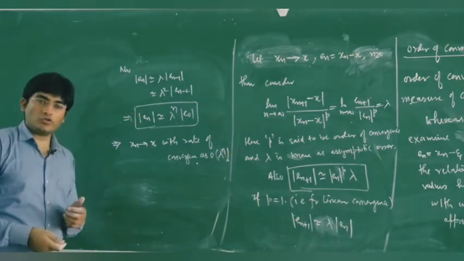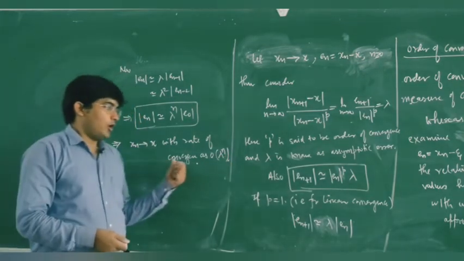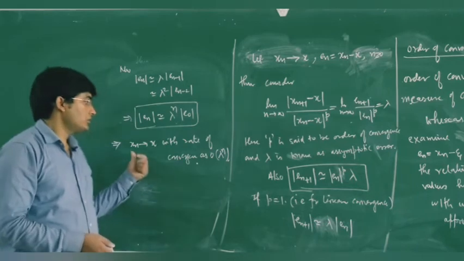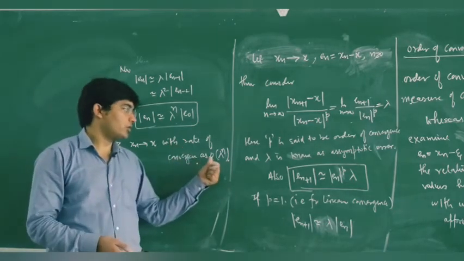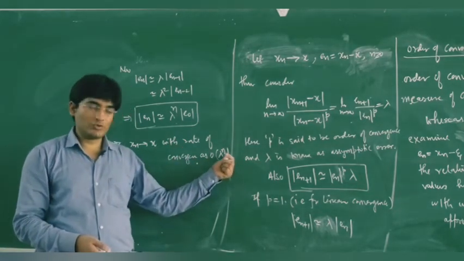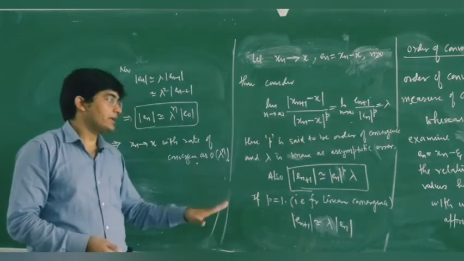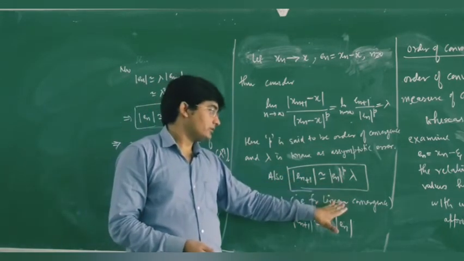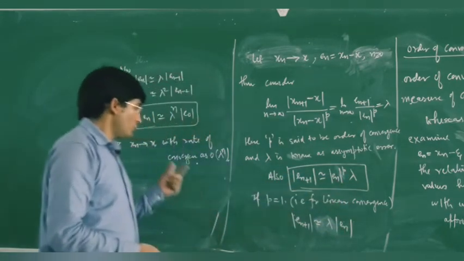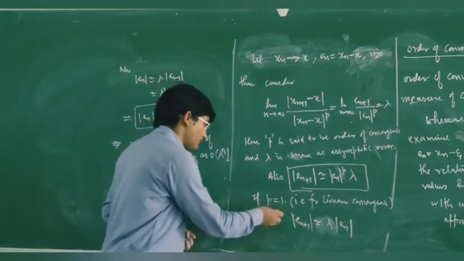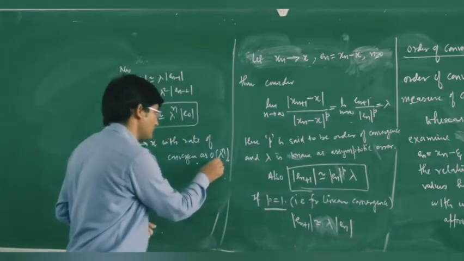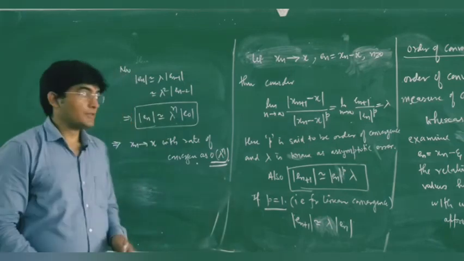In the case of order of convergence 1, the rate of convergence will be order lambda power n. So the order of convergence is 1 and the rate of convergence is order lambda power n.